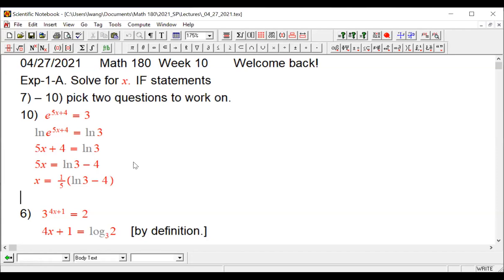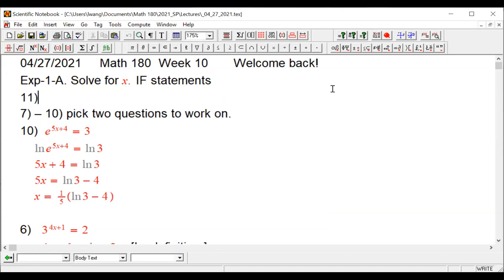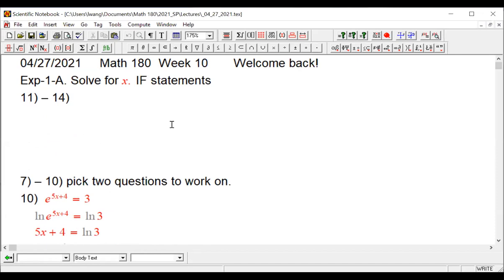Okay, and look at the next group, from 11 to 14. Look at this group. From 11 to 14, what do you see?